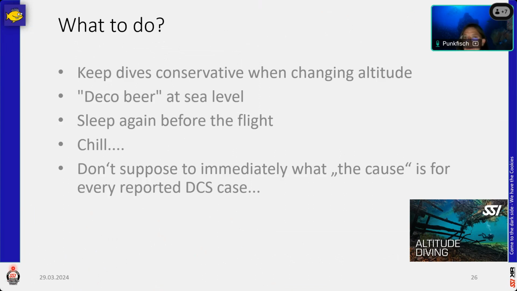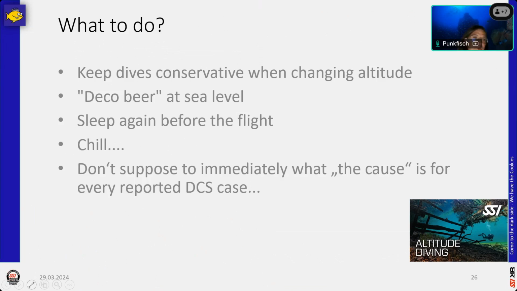It's nice as well. So there's nothing against hanging around after the dive, chilling a little bit at sea level before you actually drive up, because it gives you the chance to just wait and see if everything is really okay, or if not, you can organize what you want to do.